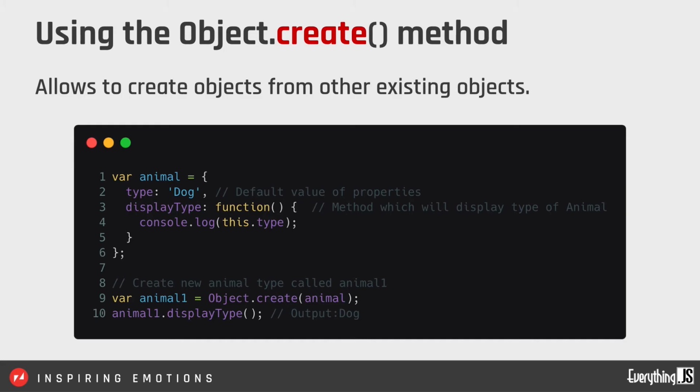So ideally in Chrome or Firefox or whatever browser, if you try to do this, it will try to access the type property in window, because in the browser context, in the global scope, this keyword refers to window. So window.type might not be available. If it is available, it will log that variable, but it won't refer to the type property in animal.